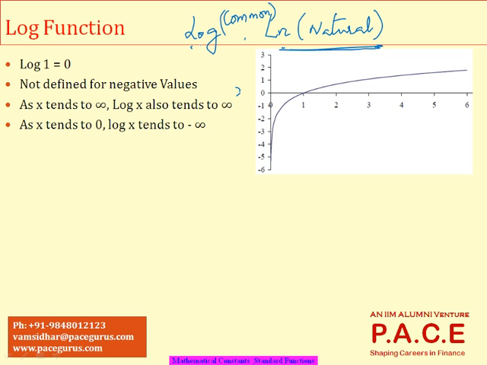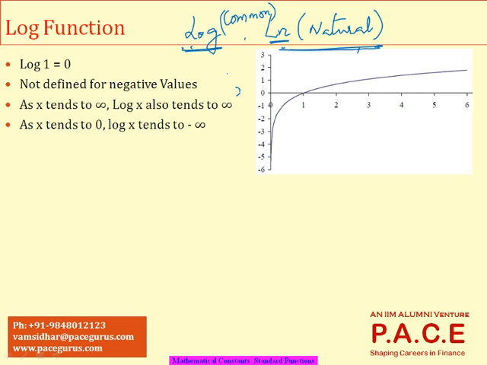Even in your calculators you see these two symbols, log as well as ln. ln is the natural logarithm, log is the common logarithm, and for a lot of calculations we depend on the natural logarithm.